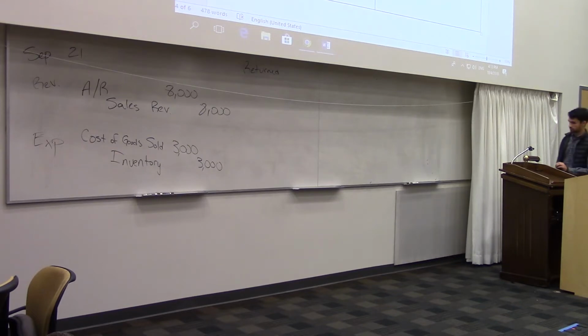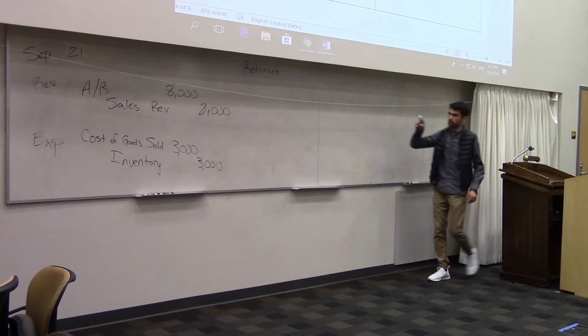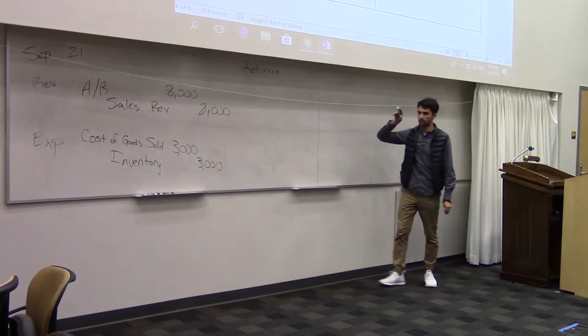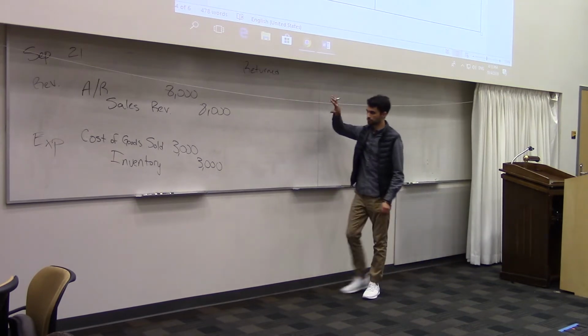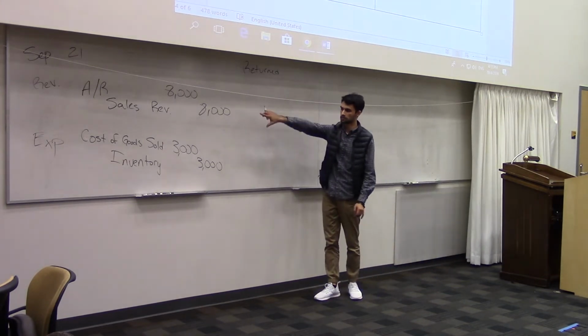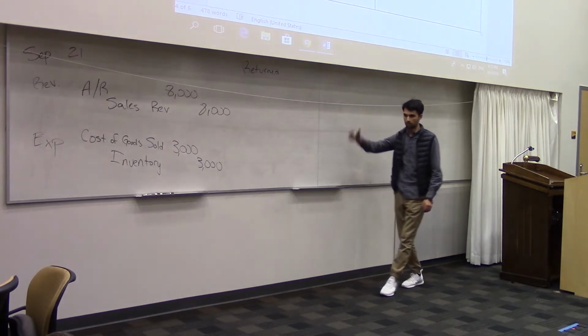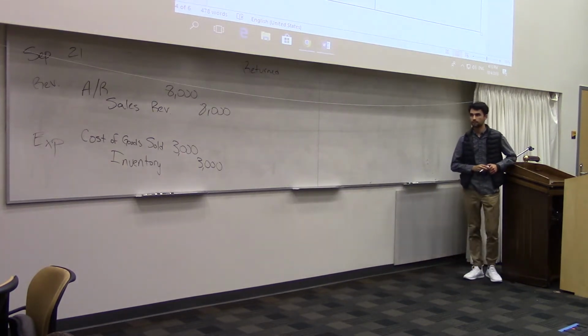So when we're returning inventory, or whenever there's a return, as I said before, we're just taking the original journal entry and flipping it. With one caveat for this.